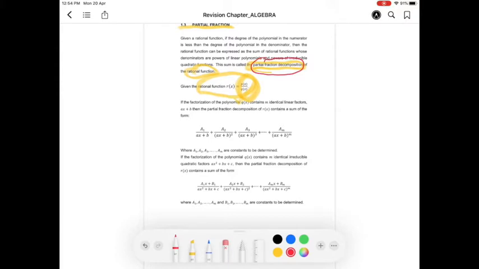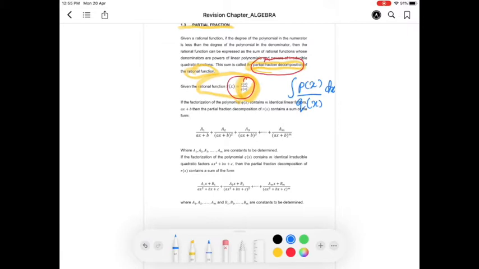So before you can proceed with the integration of the fraction here, just imagine that you are being asked to integrate the function Rx, which is Px over Qx dx. So you cannot straight away integrate it like you used to do previously.